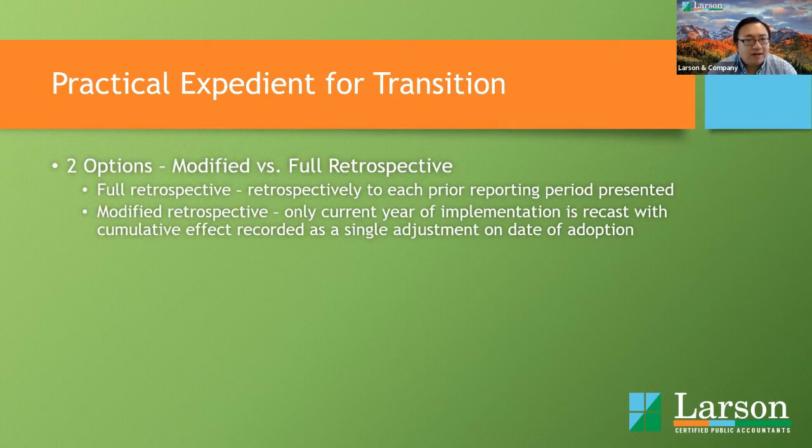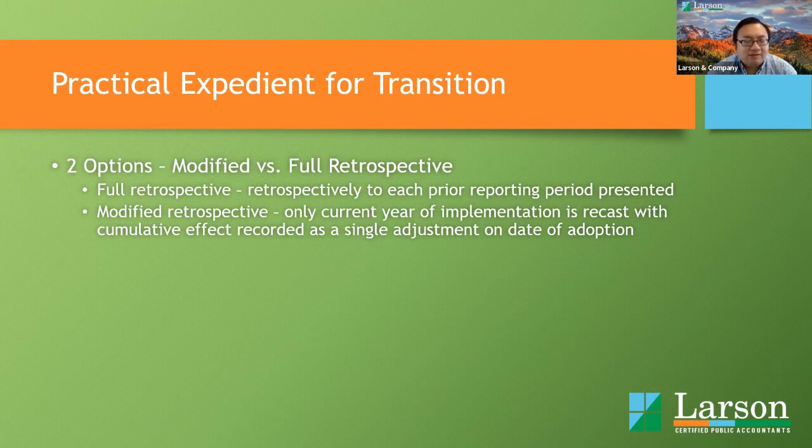Whereas this modified retrospective approach basically allows you to only look at your contracts that are currently outstanding at the year of implementation. So for 2021, when you adopted in January 2022, you look at December 31st, 2021, and ask what leases are outstanding.